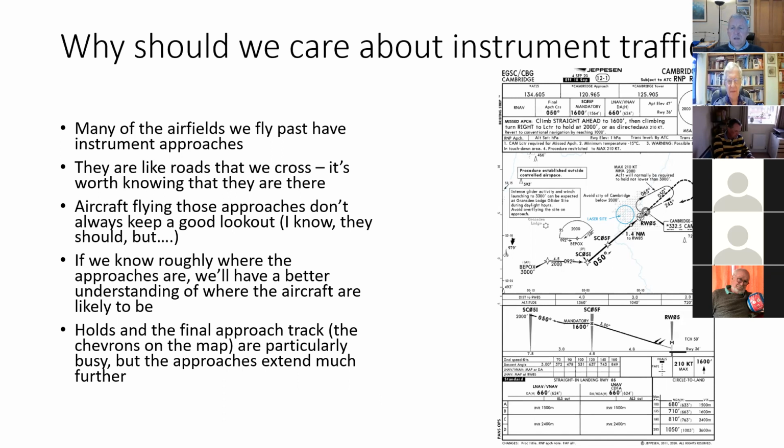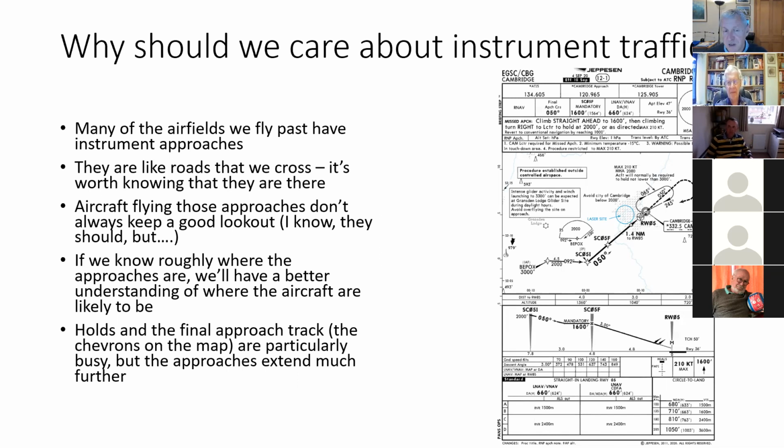One of them isn't looking out at all. He might well have screens up to prevent him looking out, or her, or alternatively, some other sort of vision restricting device. And then the instructor sitting in the right-hand seat is spending part of his time coaching the guy in the left-hand seat, looking at what they're doing, part of the time monitoring the airplane, and part of the time looking out.